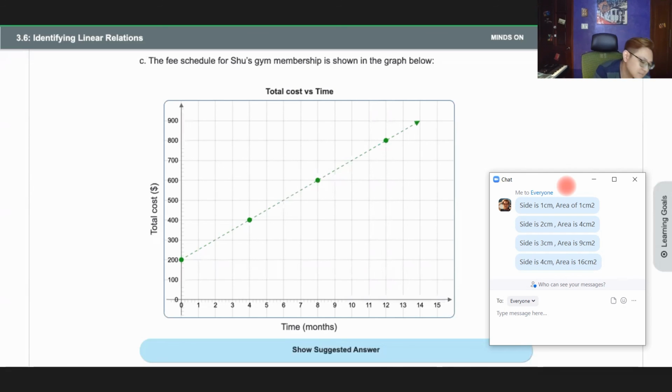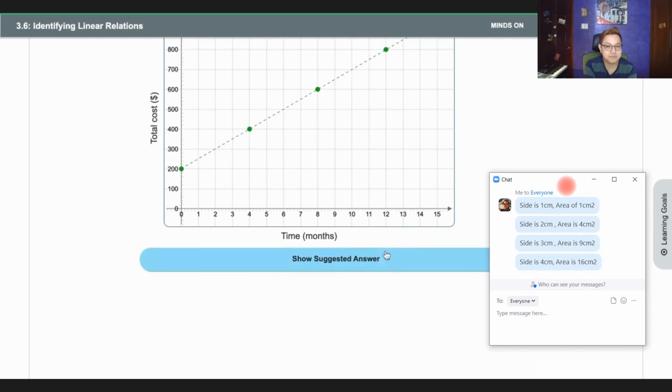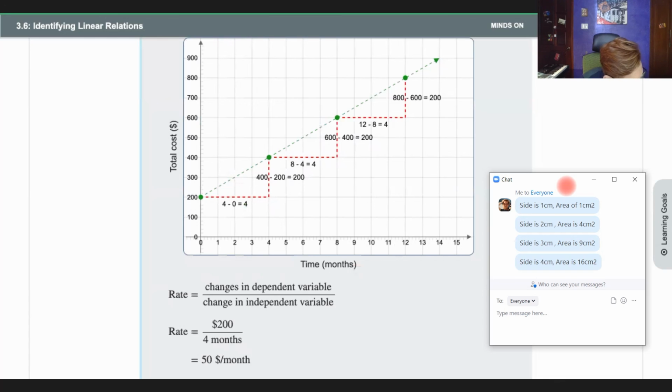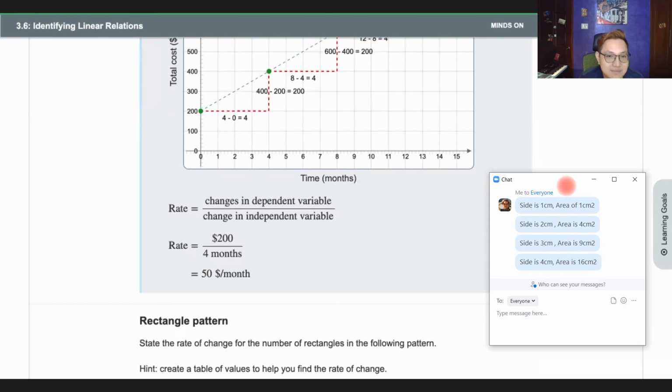So the rate of change is $200 for every 4 months. So it's $50 a month. That's the rate of change.